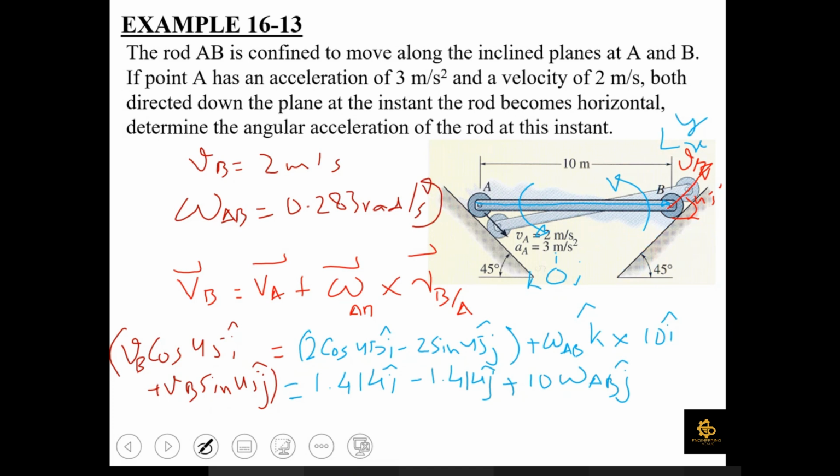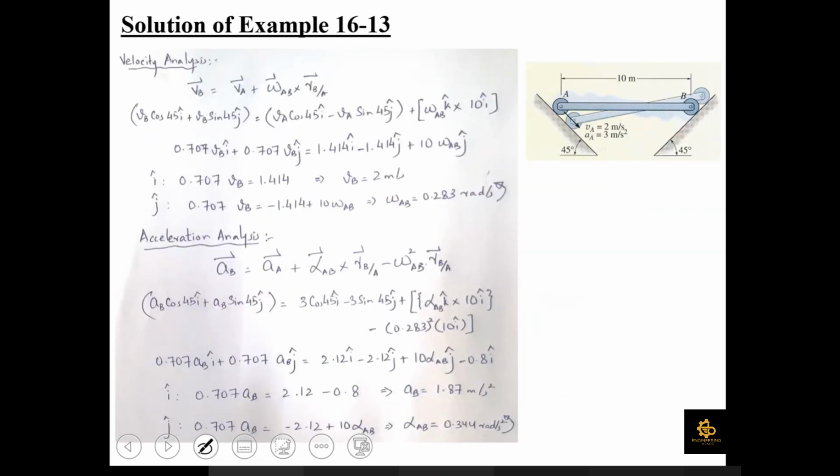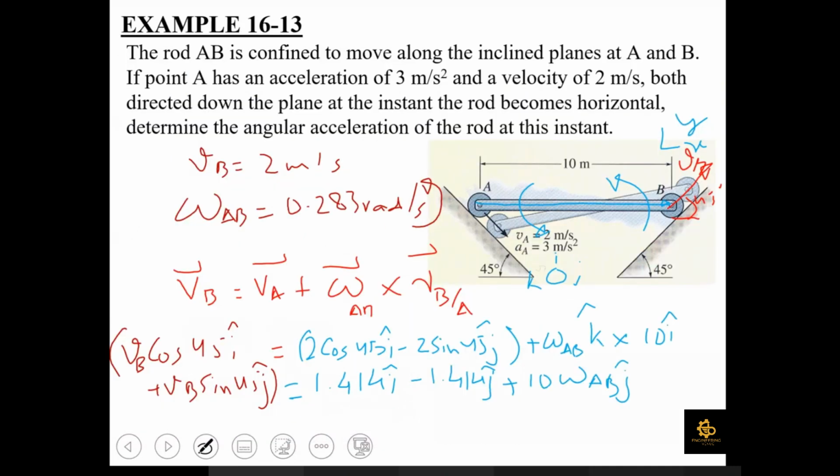So our assumption is correct, and this link AB is rotating in a counterclockwise direction. So you have completed this velocity analysis, and you have determined the value of V_B and omega as shown to you here. Is this point clear to all of you?